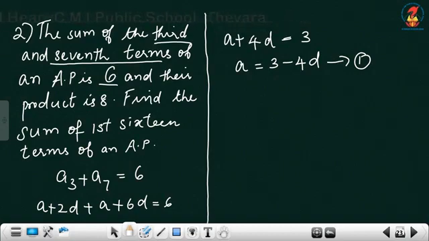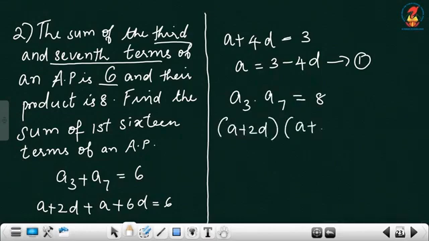So we can take a as 3 minus 4d. The sum of the third and seventh terms of an AP is 6 and the product is 8. So a3 into a7 is equal to 8. So a3 is a plus 2d into a plus 6d is equal to 8.